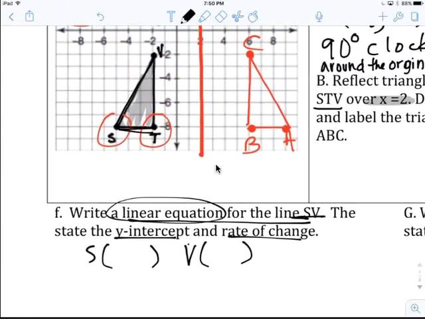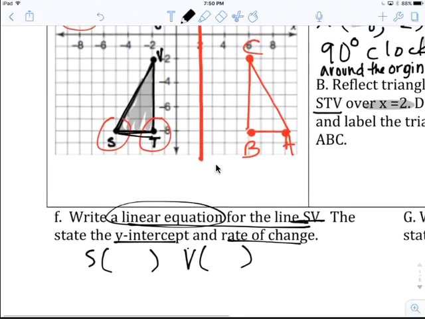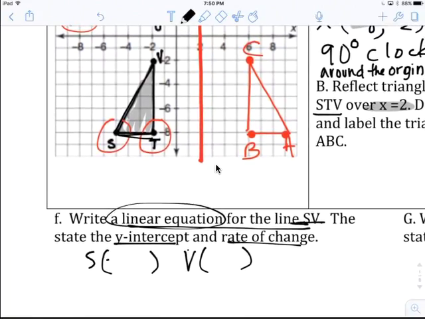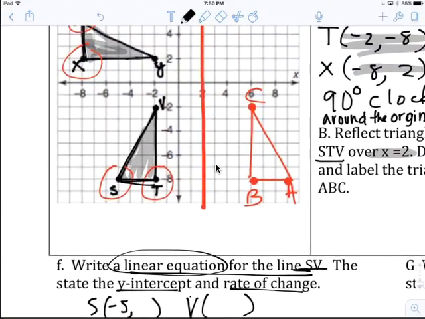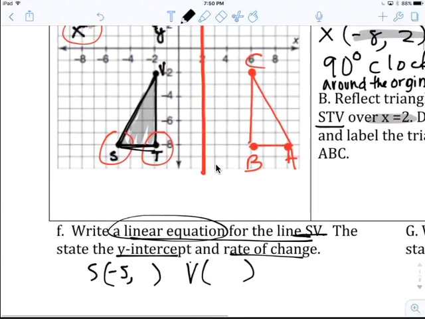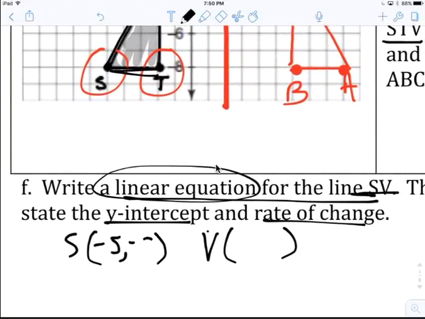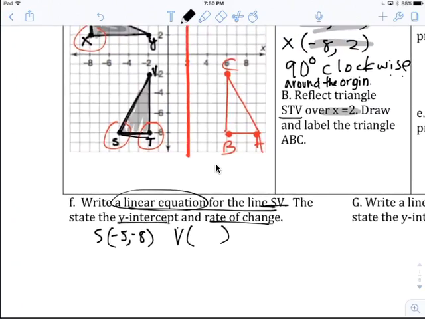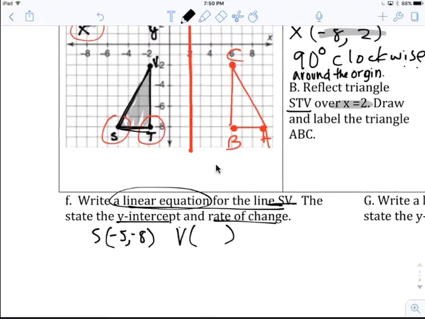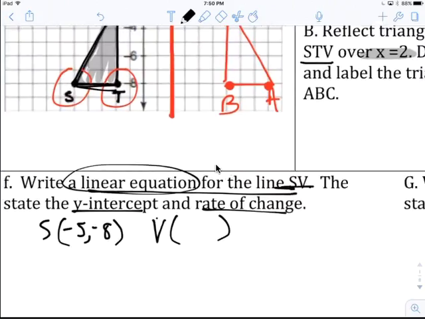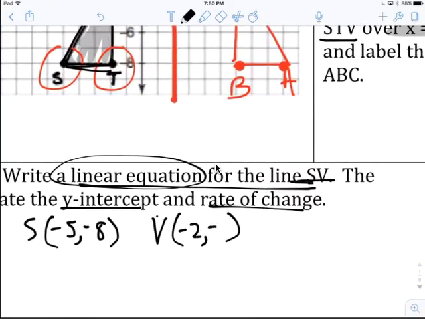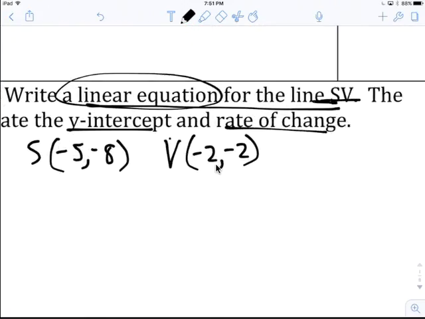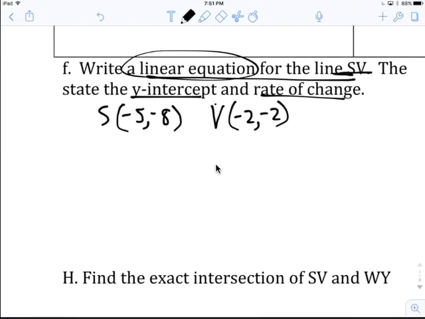So S is -5, -8. V is -2, -2. Okay, and you find the rate of change for that.